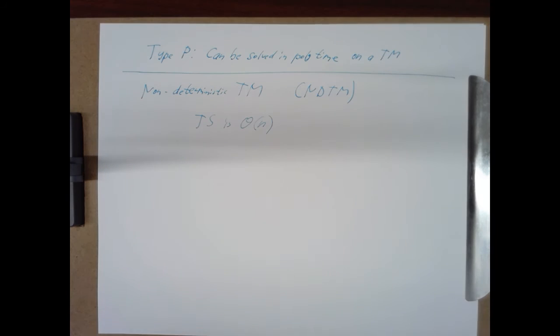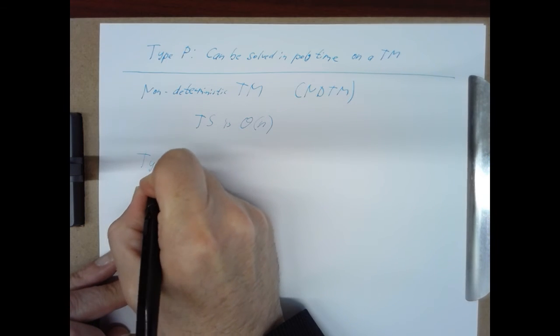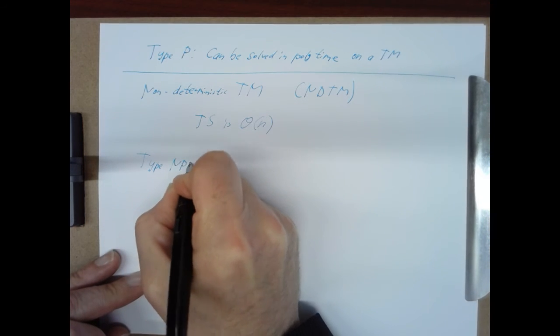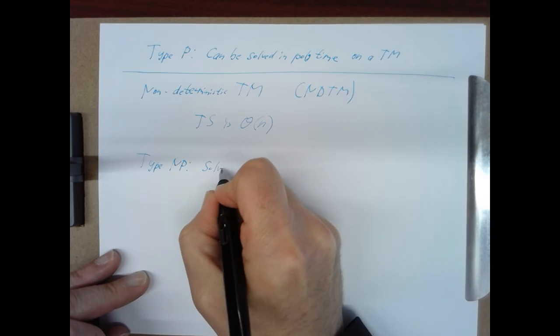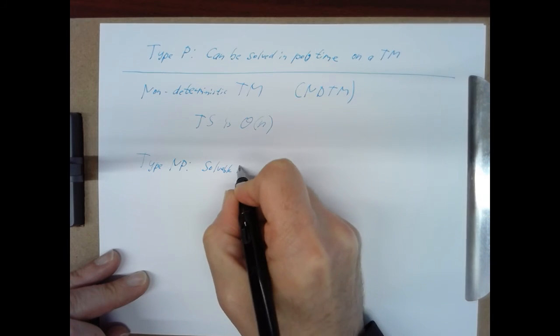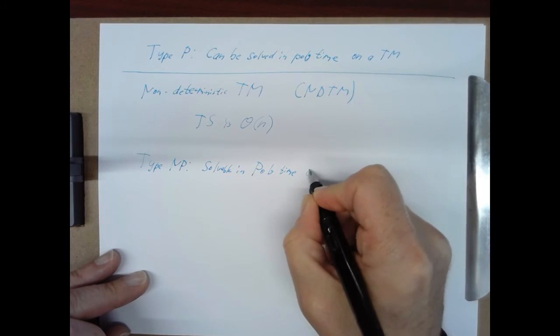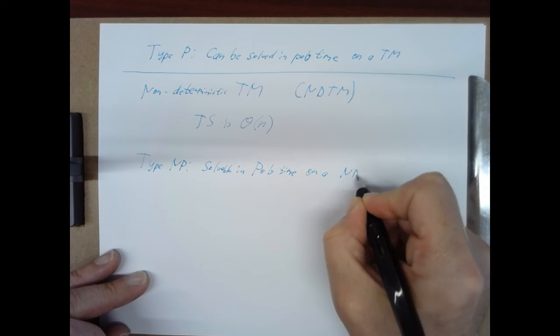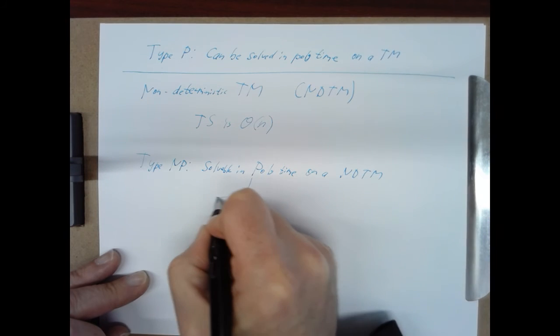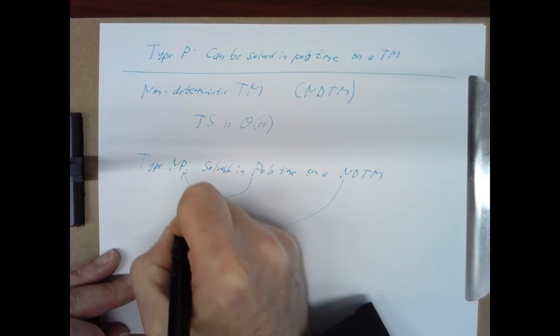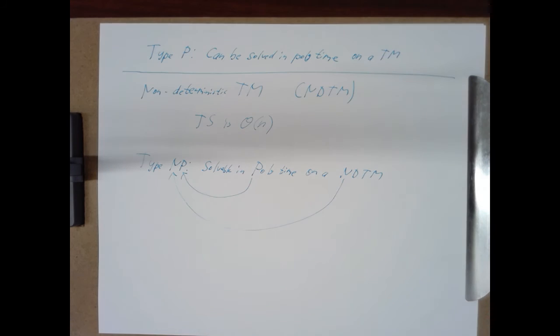That puts it in a special class called NP, which means solvable in polytime on a non-deterministic Turing machine. So the P is actually poly and the N is actually non-deterministic Turing machine. NP does not mean not polynomial. NP means it is polynomial on a non-deterministic Turing machine.